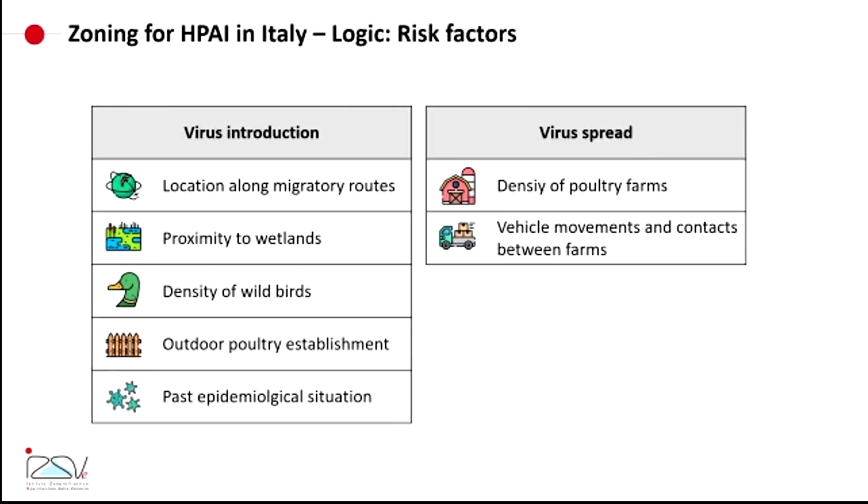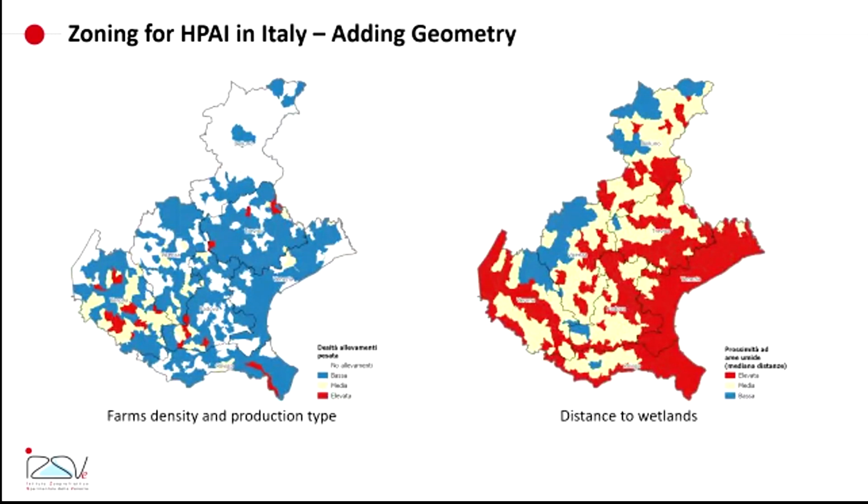And then we add some logic, like risk factors in this case. Those are risk factors present in a ministerial decree. We didn't use all of them, but most of the risk factors are also the ones that Vittorio was explaining. Plus we consider, of course, density and the possibility of contacts between farms. And we very naively used those risk factors to create risk maps.